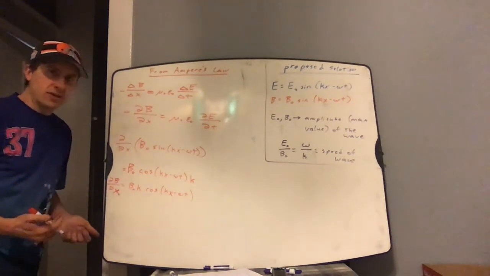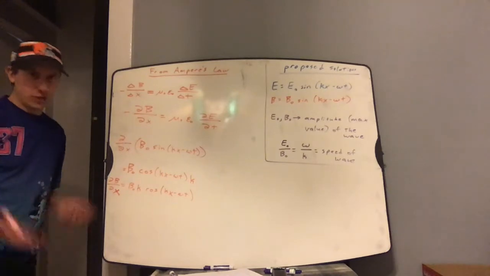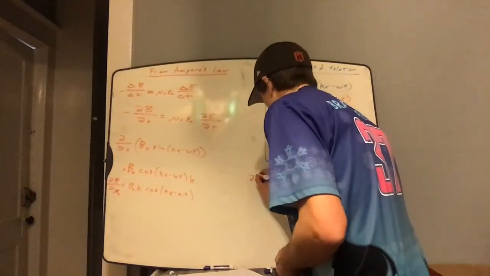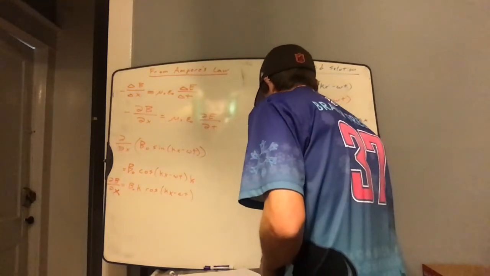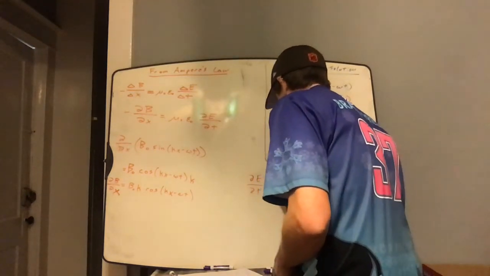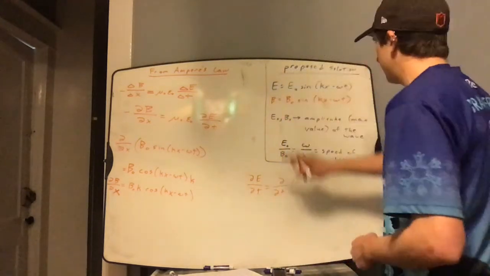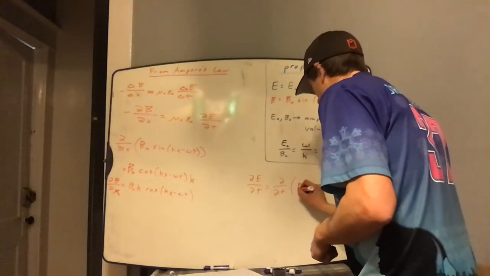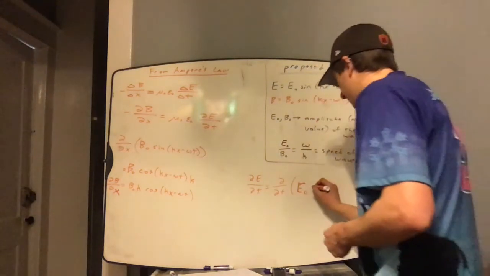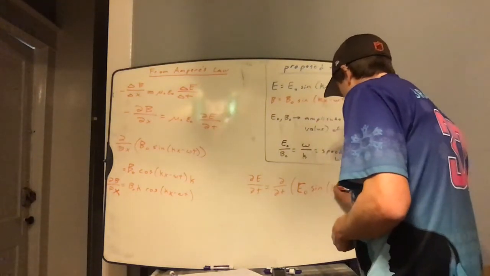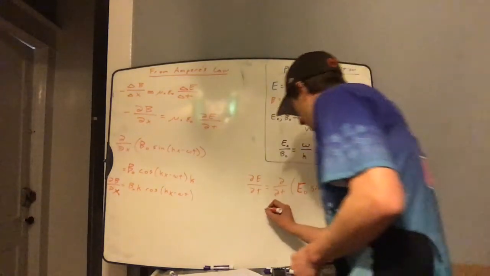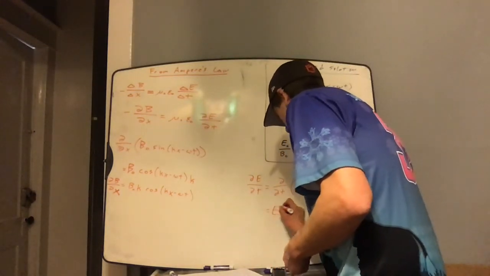Now I'm going to do something very similar for the electric field with respect to time. So I get partial of E with respect to time is going to be partial with respect to time of E naught, the amplitude of the electric field, which is again going to be a constant, sine kx minus omega t. So E naught will come out front.